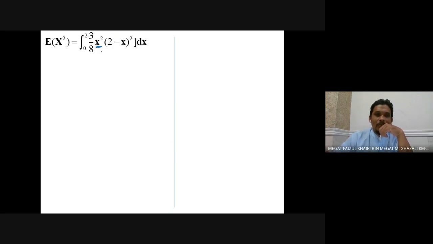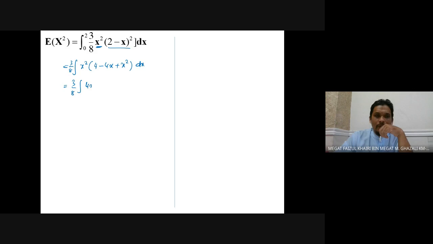x squared multiplied with 3 over 8 times (2 minus x) in bracket squared. Okay, so for this one here now, 3 over 8 x squared, expand this: 4 minus 4x plus x squared dx.